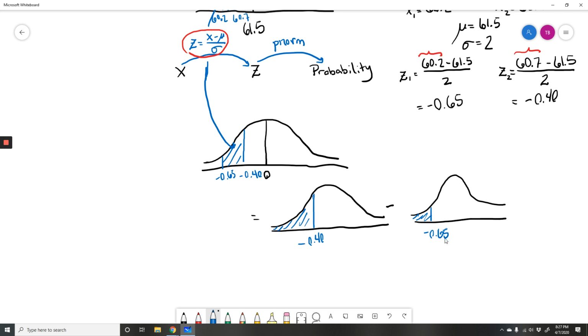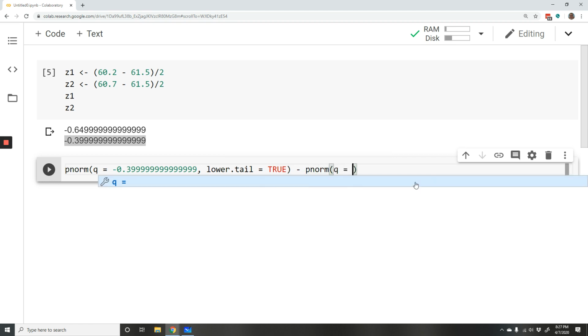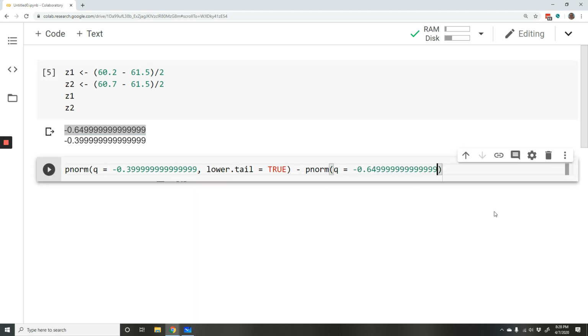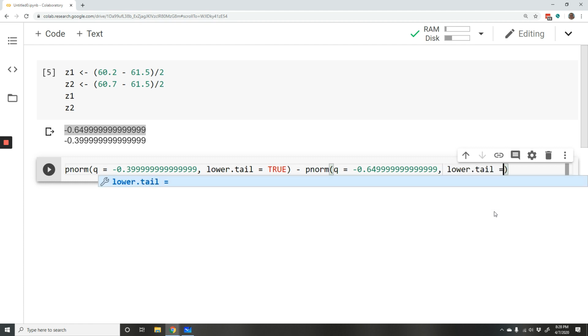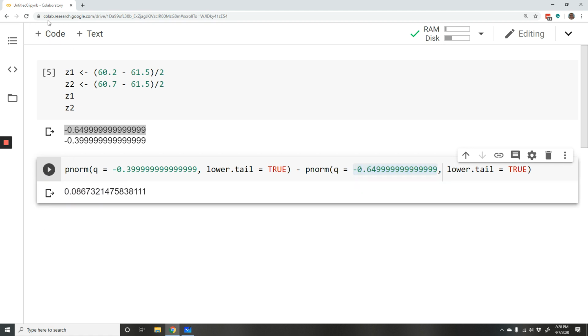And then we subtract the negative 0.65. So that would be, without rounding, negative 0.649999. So p-norm, q equals, now subtracting that lower value, lower tail equals true. And that's going to give us a probability. Takes everything to the left of the bigger z-value and then subtracts everything to the left of the smaller z-value. So we're taking out that excess. So if I run that, I get my probability.